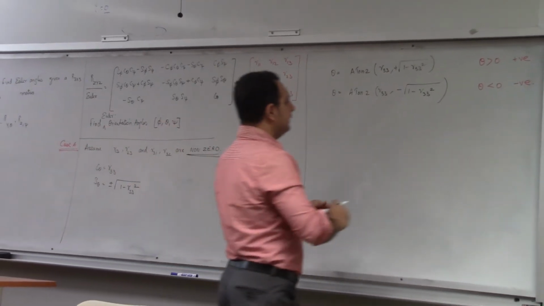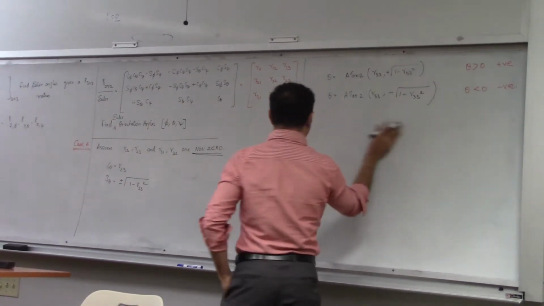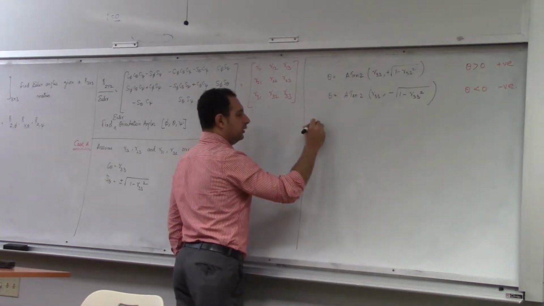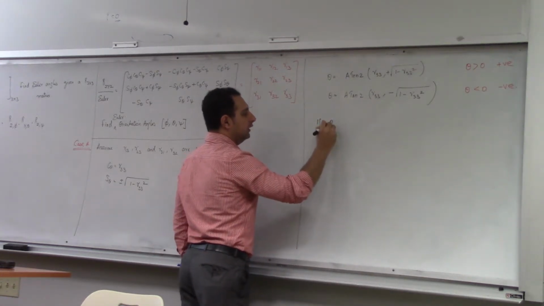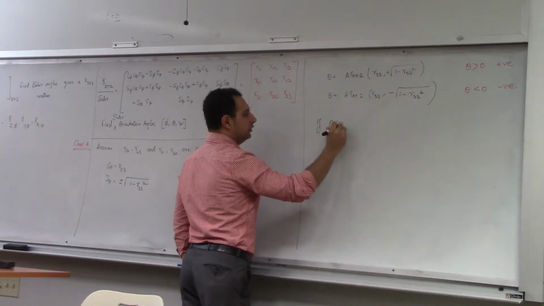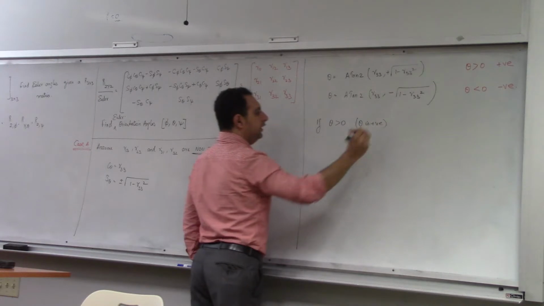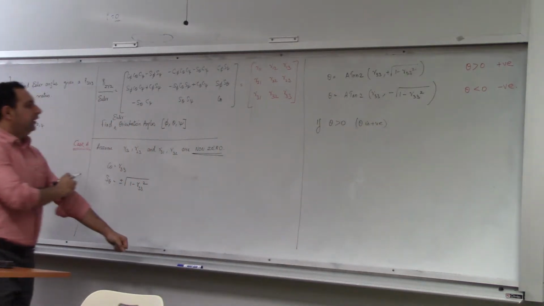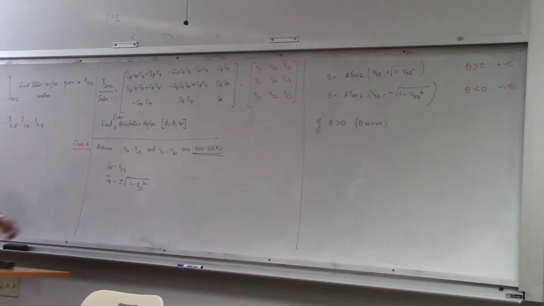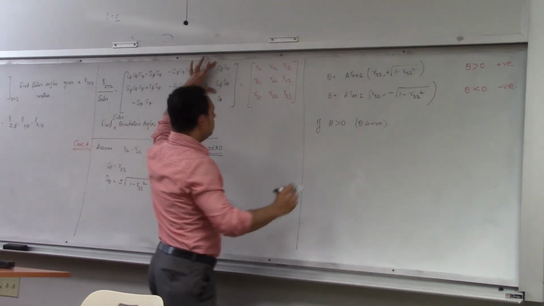Okay, so let's consider this case. First one is if theta is greater than 0, in other words, theta is positive, we need to find phi and psi, right? So let's take these two, all right?